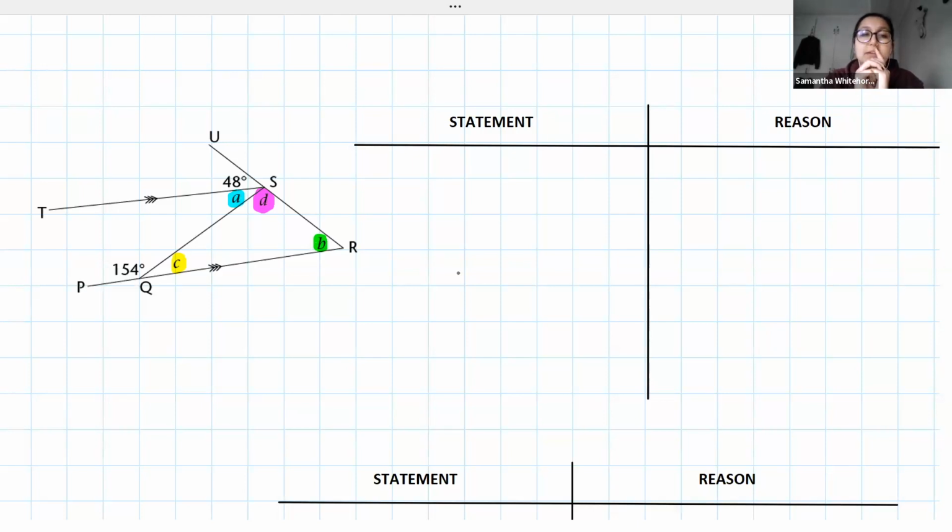And again, guys, you don't have to start with A. Start with what you see first and you go from there. The only time you have to do things in alphabetical order is if we say answer the question in alphabetical order. If we don't, you can do it in any order that makes sense to you.